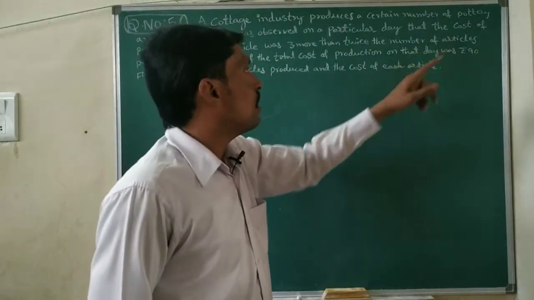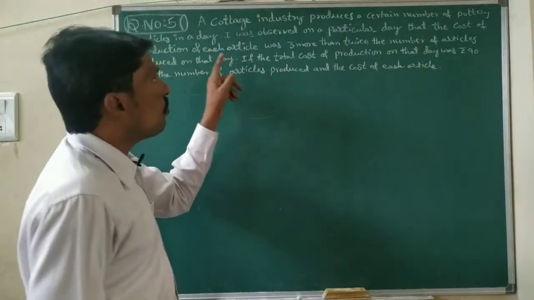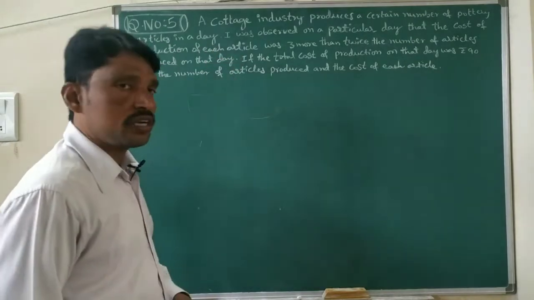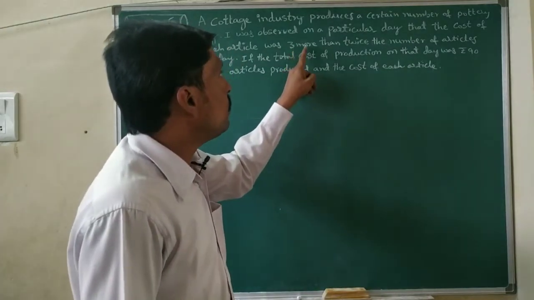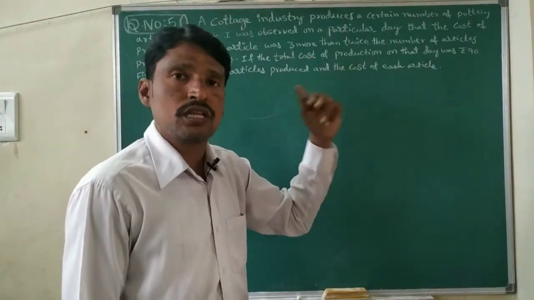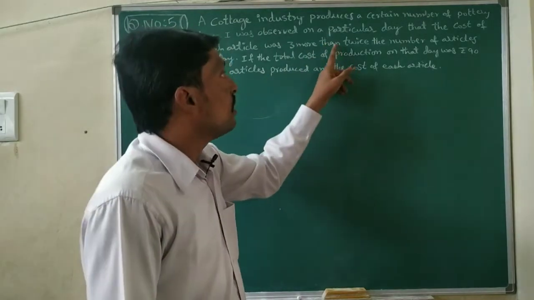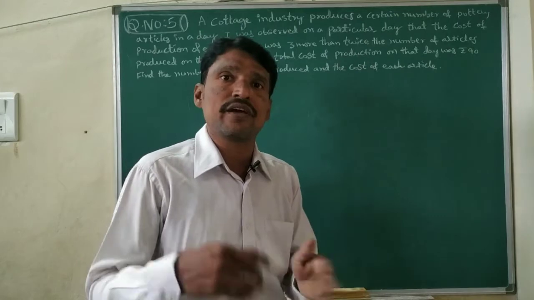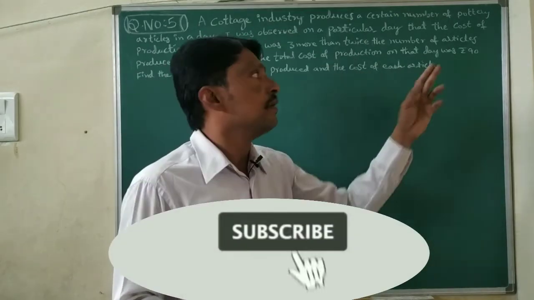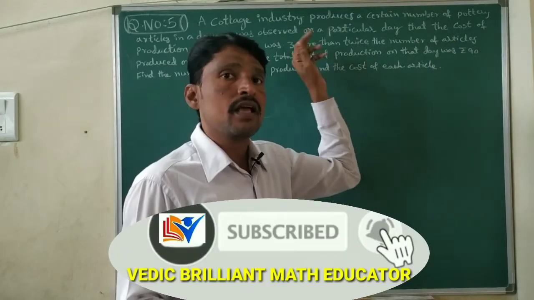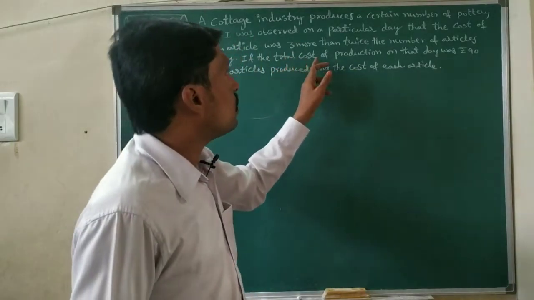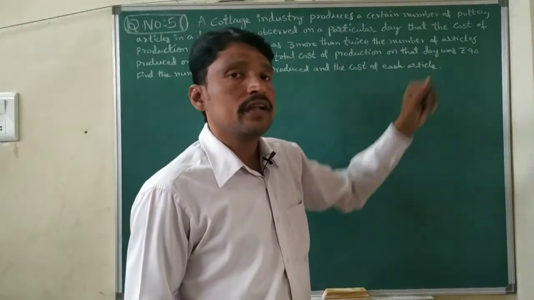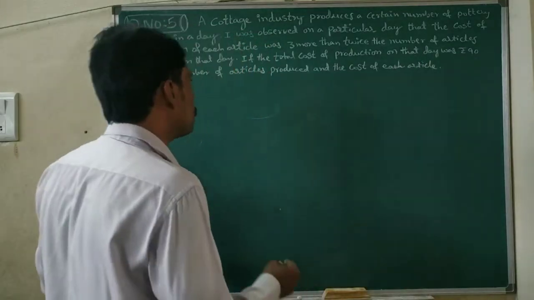So articles we are getting x, and the cost of each article is 3 more than, 3 more means plus 3, twice the number of articles. Twice means 2 we need to multiply the number of articles, plus 3 we need to take. And here the total cost of the production is also given as 90 rupees. So see the solution.